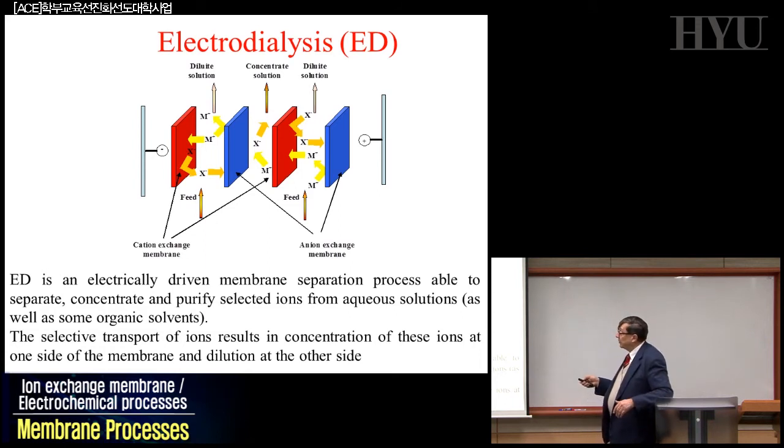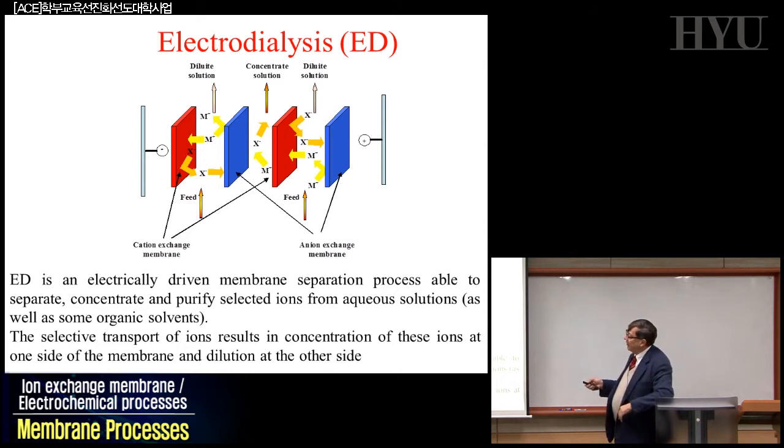In this other compartment, what is happening now? If we have negative ions and positive ions, these positive ions here will try to migrate in this direction. But here we find a membrane which is anionic. Transport number 0, they cannot go across. The same in the other direction.